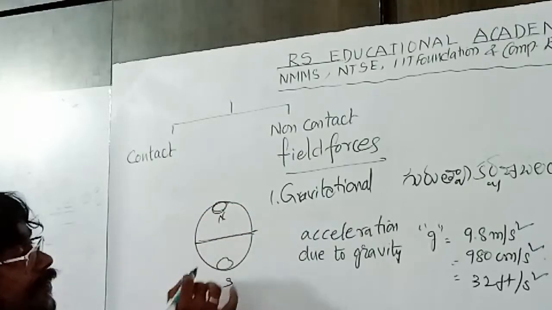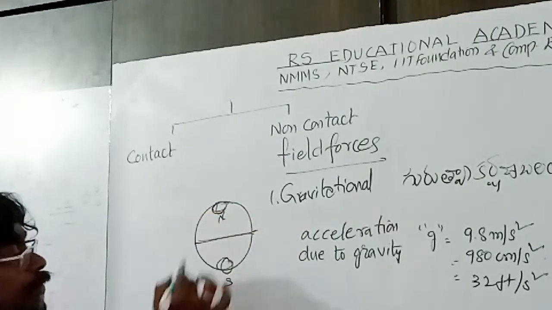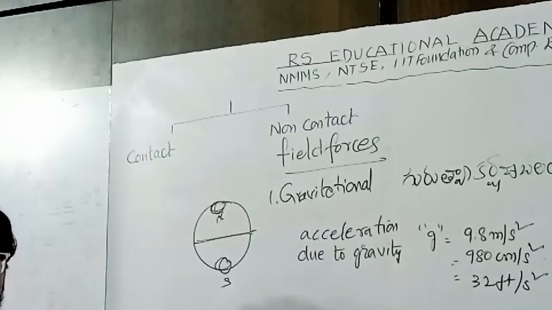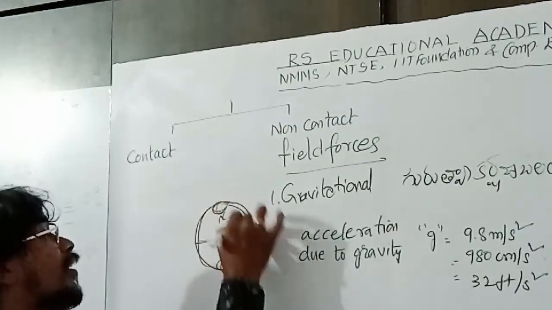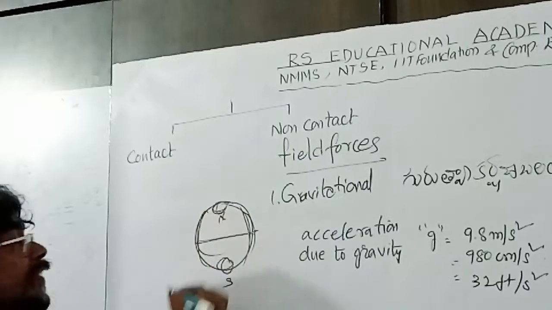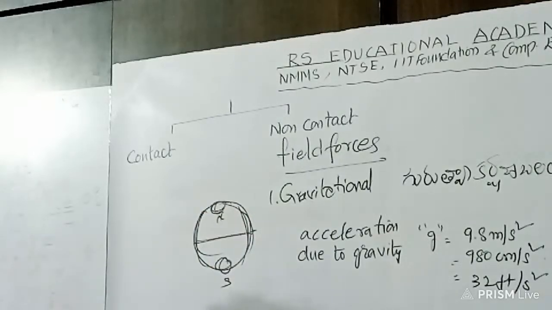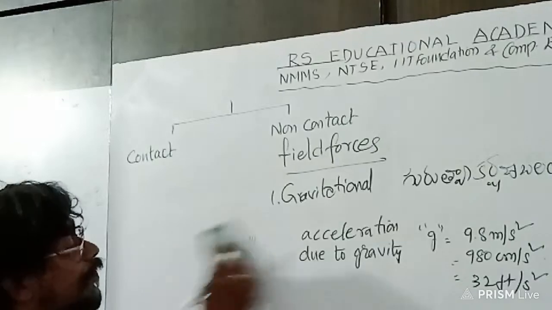So at the poles, what happens to the value of g? At the center, what is the value of g? And what is the value of g on the surface of an earth? It changes from one place to another place. We will see later in gravity. Okay? So this is the gravitational force.